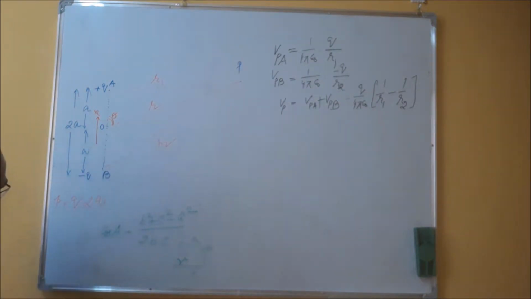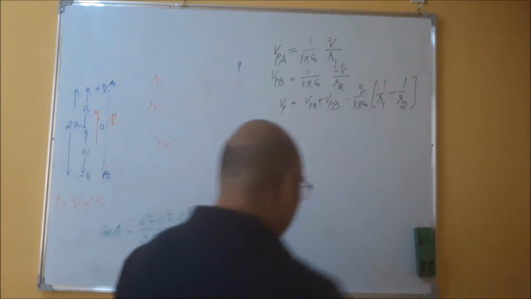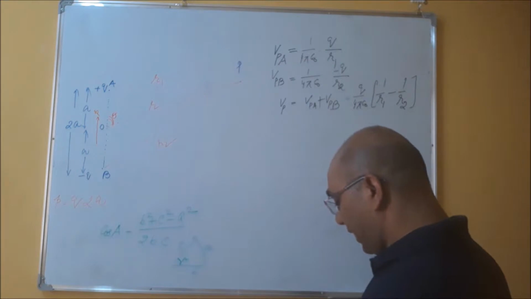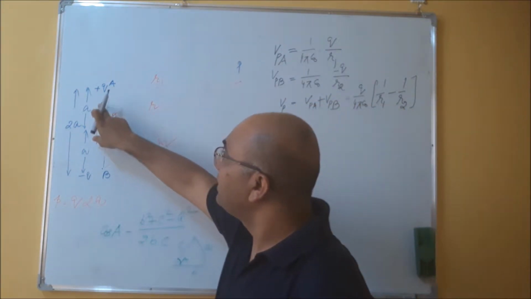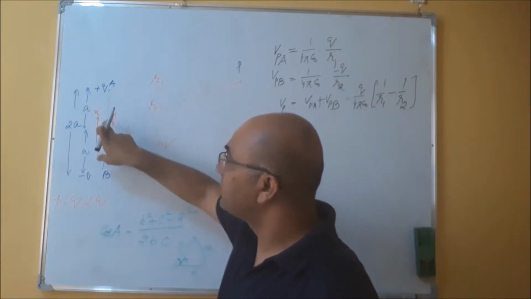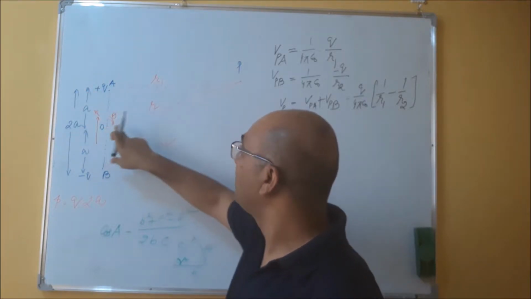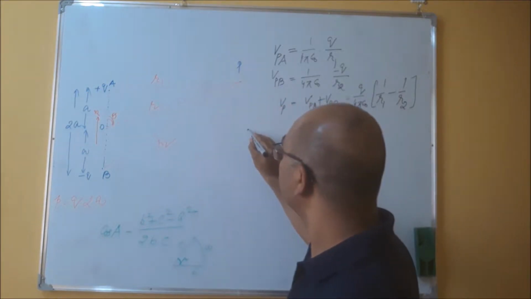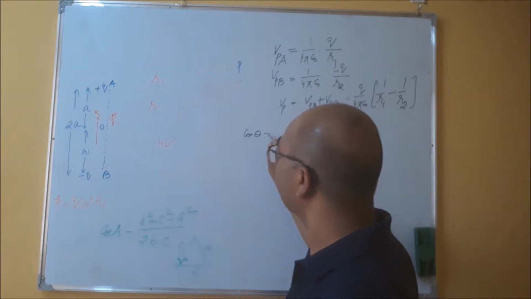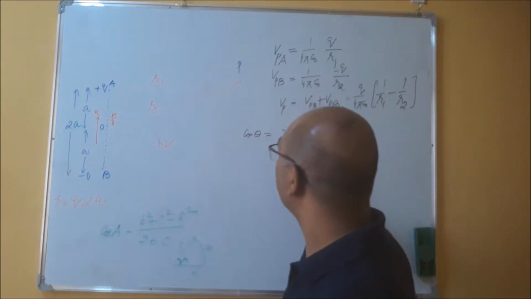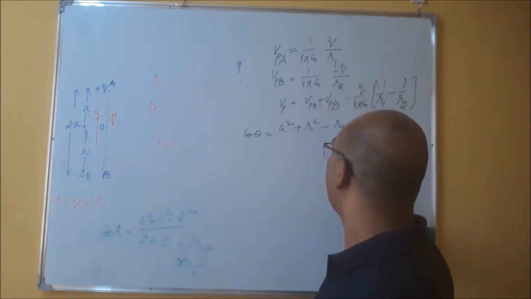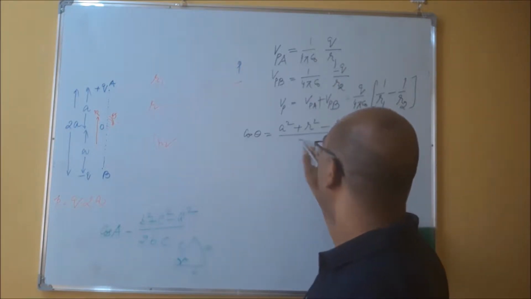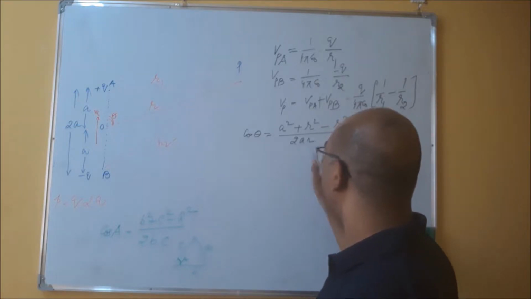So if I am using the same approach, what can I say? I can say, yes, theta is between this A, because this OA is A and this is R. So cos theta is A square plus R square minus R1 square upon 2AR.